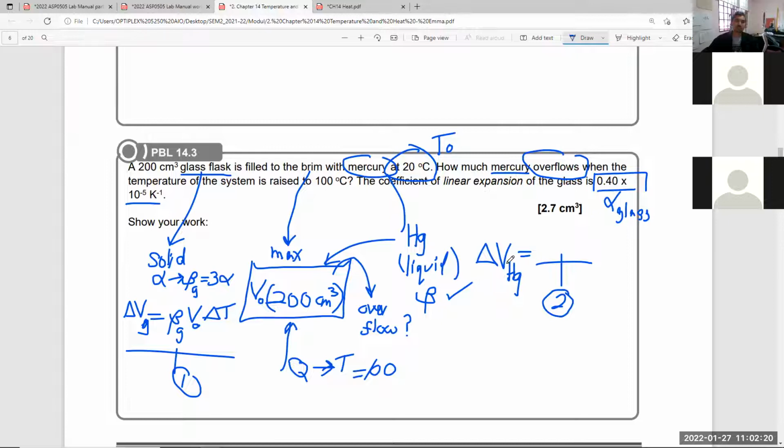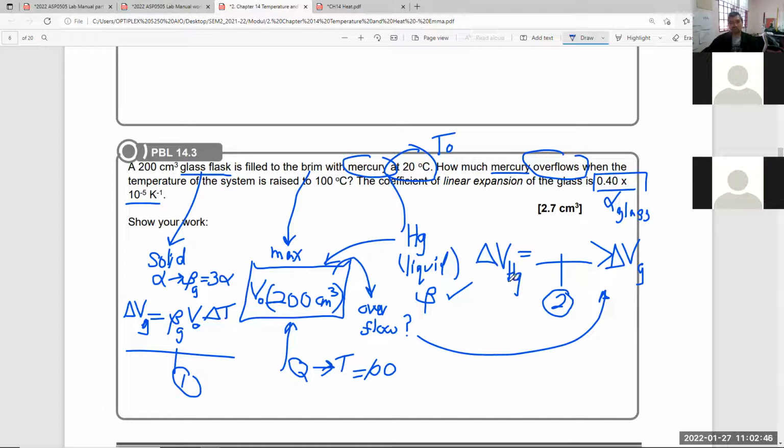You will be able to see that delta V for mercury is higher than delta V for glass. That is the reason we have the overflow. So I let you find these 2 values.